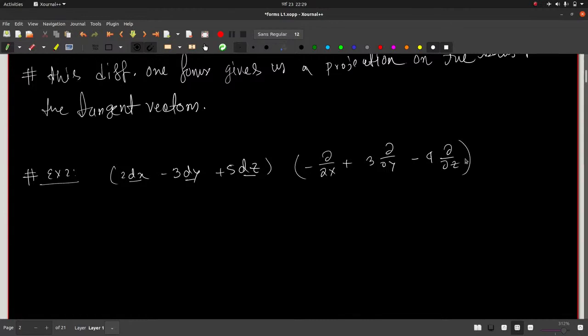If you understand that dx will only produce a non-zero thing when it acts on the corresponding component, and all the other elements will be zero, this is just a one-line computation, just like the dot product you see in ordinary vector analysis. This is just minus 2, minus 9, and then we have 5 and minus 4, so it should be minus 20, right? So this is just minus 31. That's it.